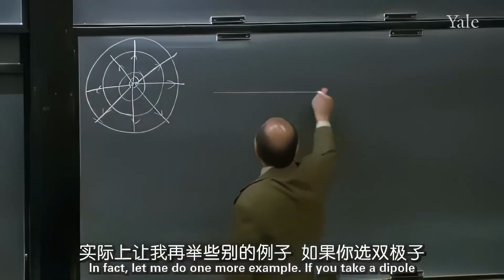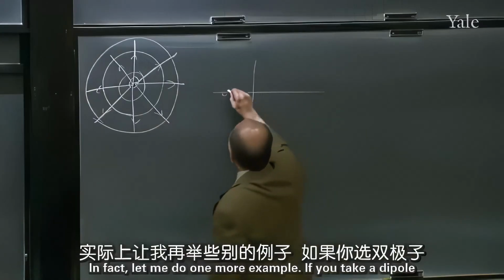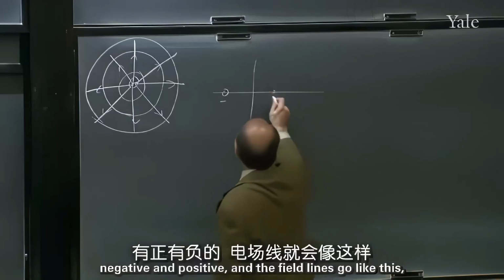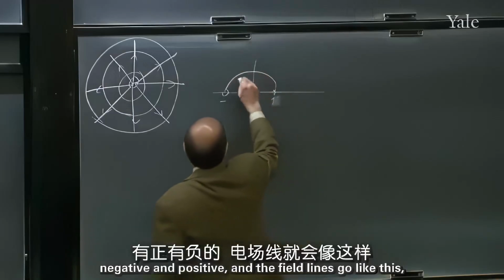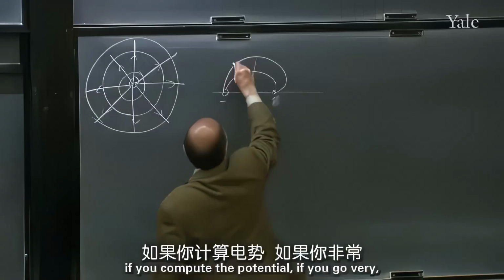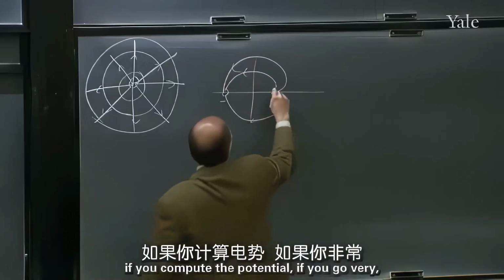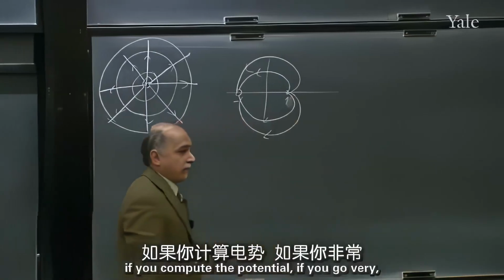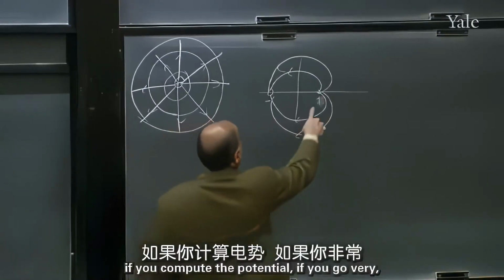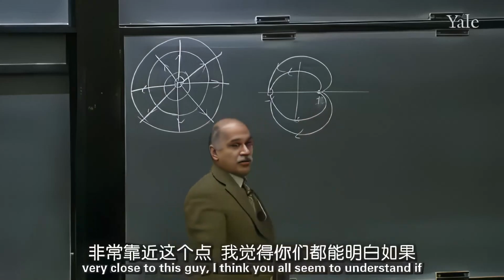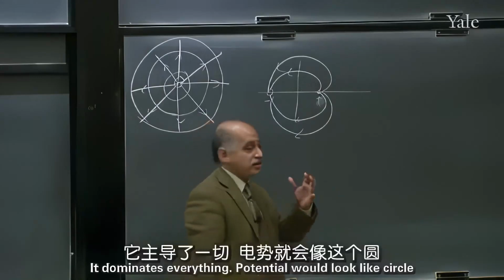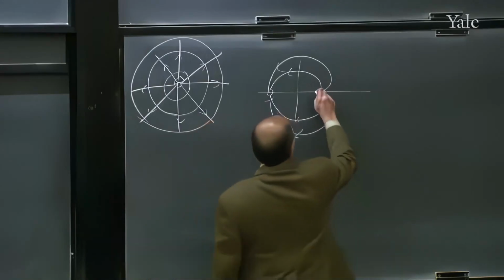In fact, let me do one more example. If you take a dipole, negative and positive, and the field lines go like this, if you compute the potential, if you go very, very close to this guy, I think you all understand, if you're very near one charge, forget about the rest of the world. It dominates everything. Potential will look like circles centered here.